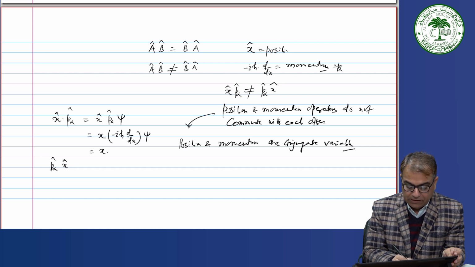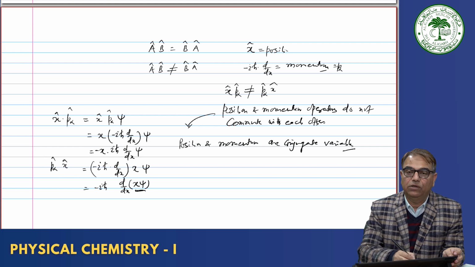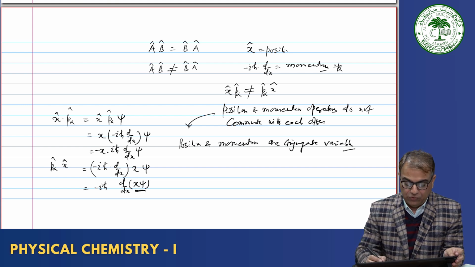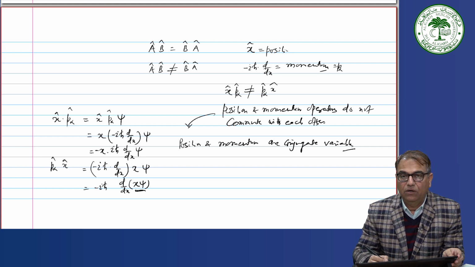So you write x times minus iħ d/dx of psi, and here you write px as minus iħ d/dx into x into psi. Now you have to differentiate the product of x and psi, two functions. So this will not give you the same value as the previous one. You do it yourself and you will find that x px is not equal to px x. That's how we find the commutator of two operators.